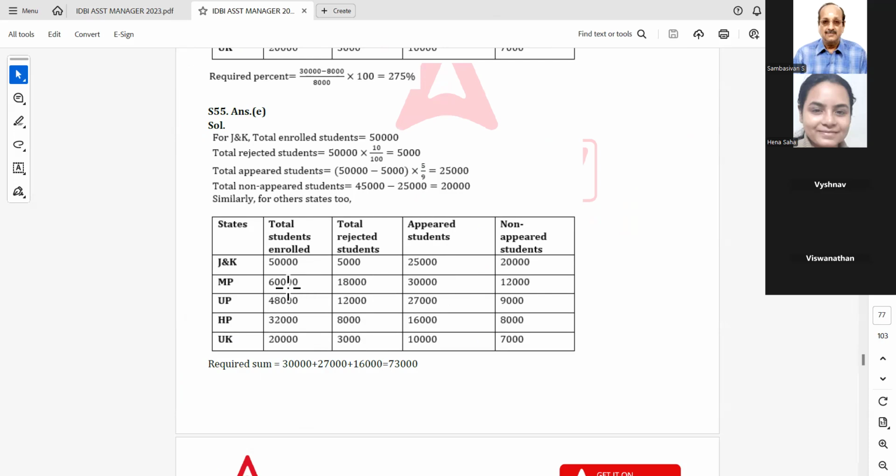See, 60 plus 18 minus is 42. Out of that, it is divided into appeared 30, non-appeared 12. This is how we have to find out. Here the required sum is 30,000 plus 27,000 plus 16,000 is equal to 73,000. Could you understand this?